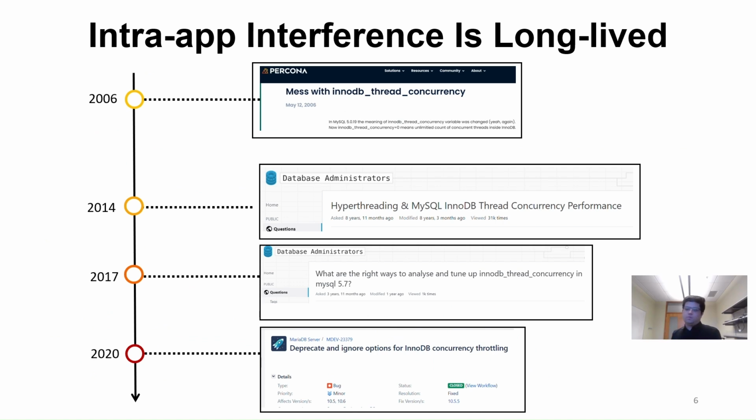For example, the parameter innodb_thread_concurrency in MySQL and MariaDB has been reported by numerous users over the past 15 years, until it was eventually deprecated by MariaDB. Given that intra-application interference can exist within an application for a very long time, there is a need for system mechanisms to mitigate intra-application performance interference at runtime.